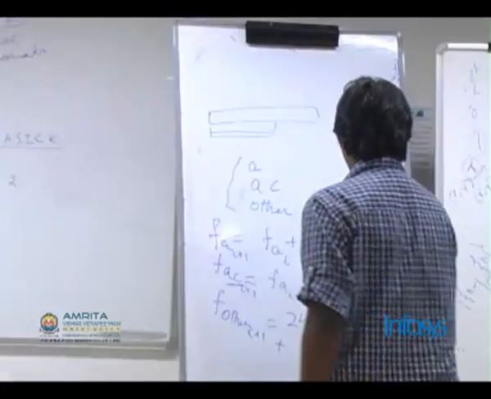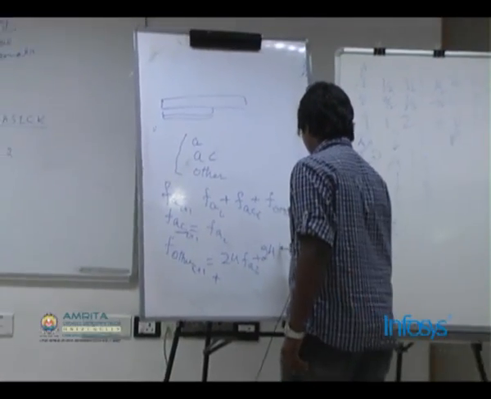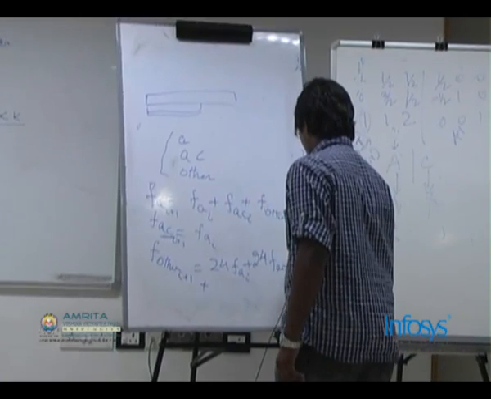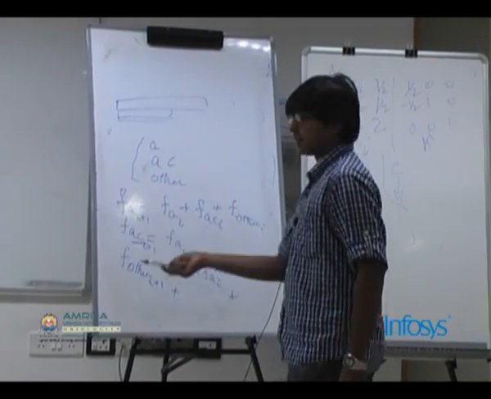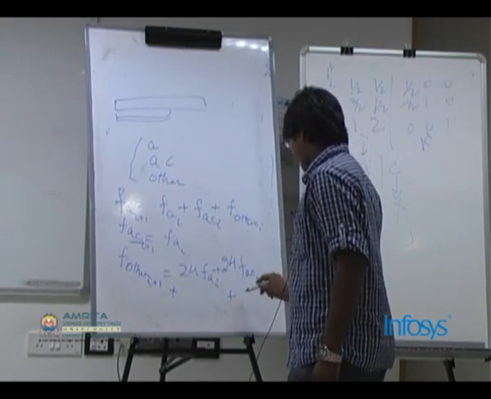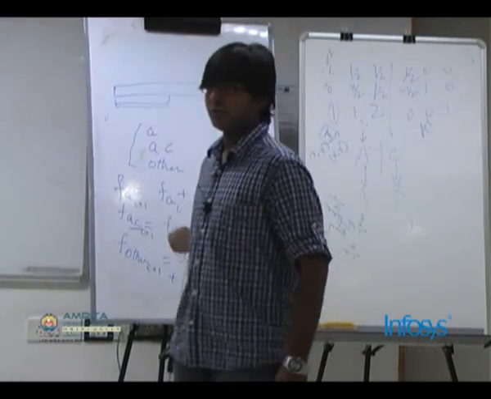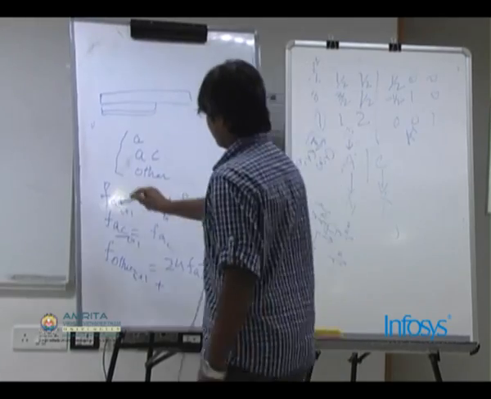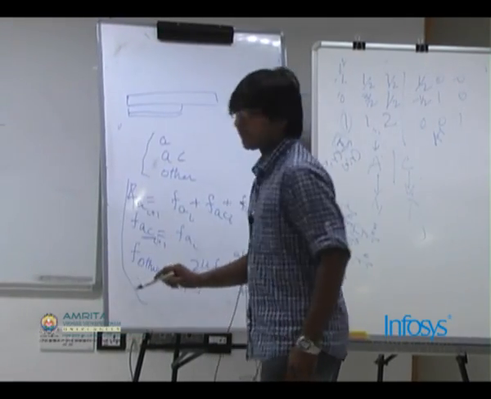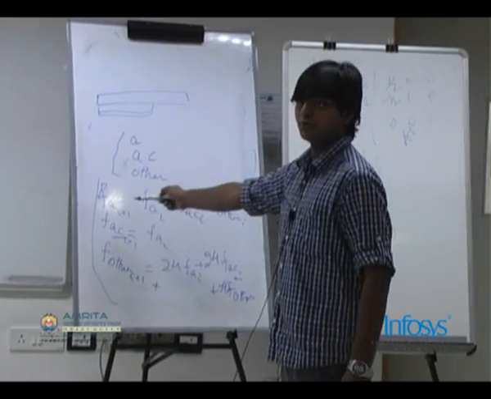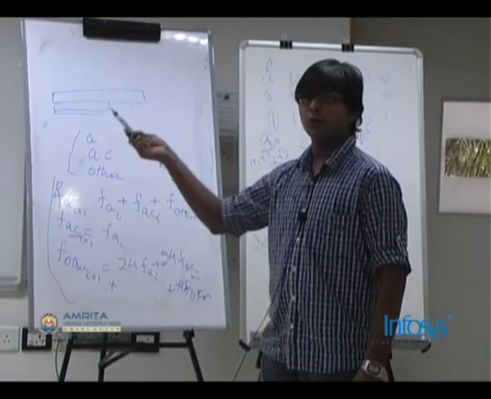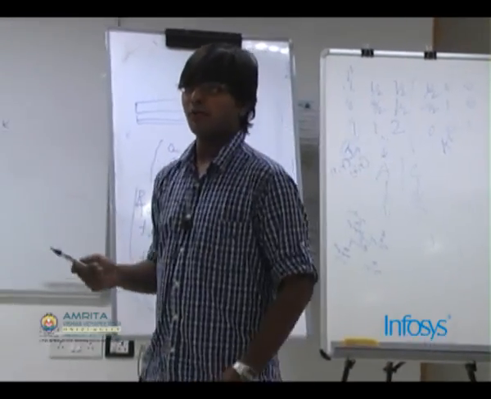So again there are 24 possibilities if we are considering AC. And if we are considering some other ending, then there are 25 possibilities. Now this is the recurrence, a simple recurrence. So you can form the transition matrix for this. It's fairly simple to do, and you can then do the matrix exponentiation to find out the answer.